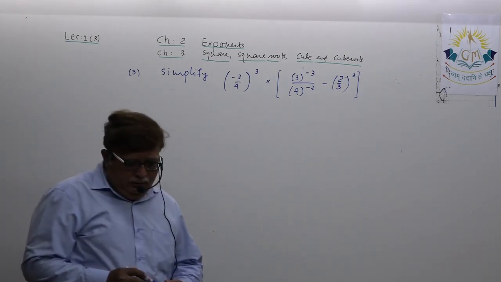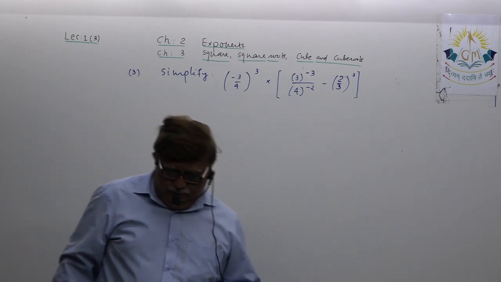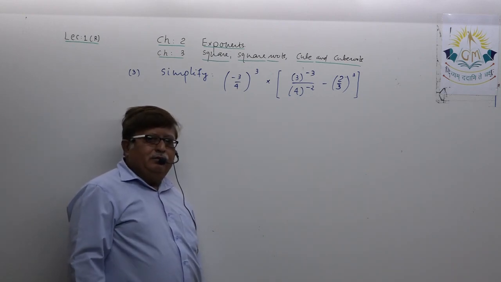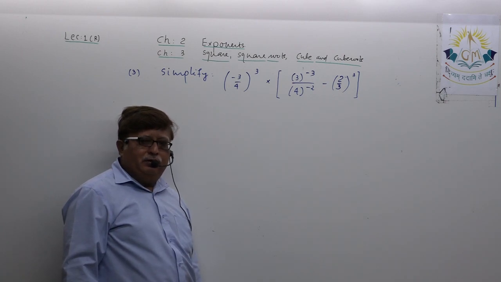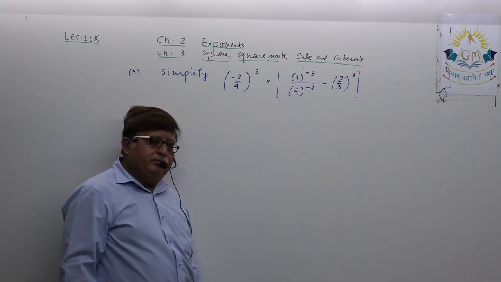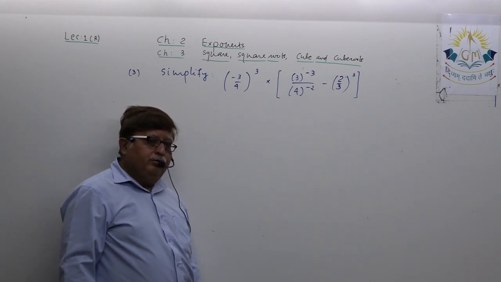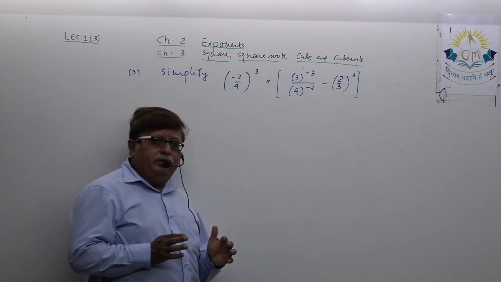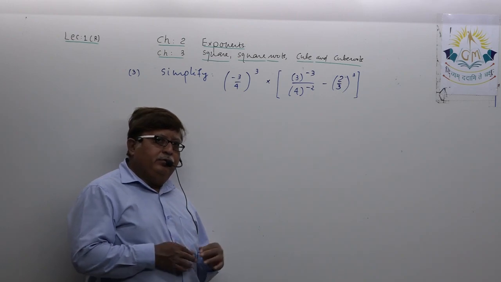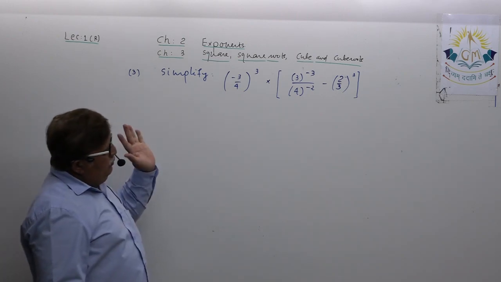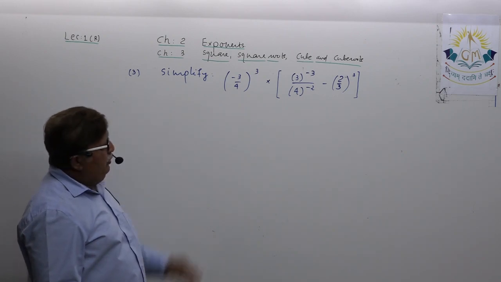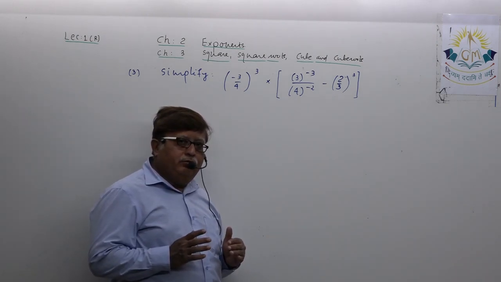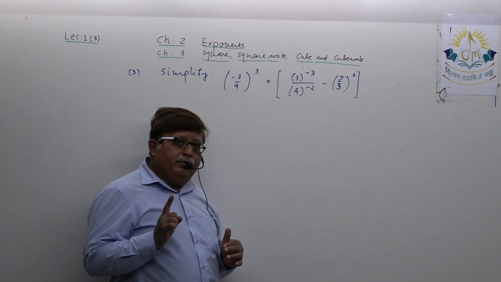Understand, sometimes when such an example comes in front of us, it happens that you may get a little confused about where to start. But as I told you, whenever in chapter number 2, powers and exponents, you get such an example, your target needs to be to solve the bracket first.